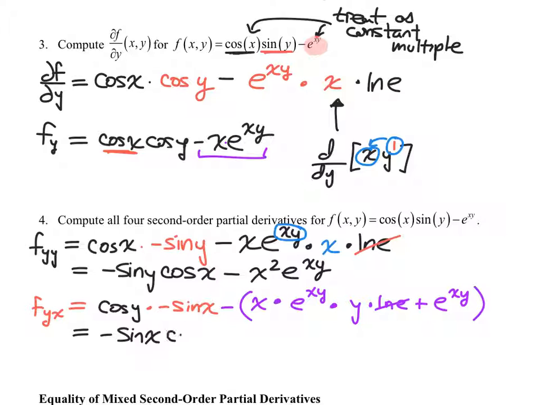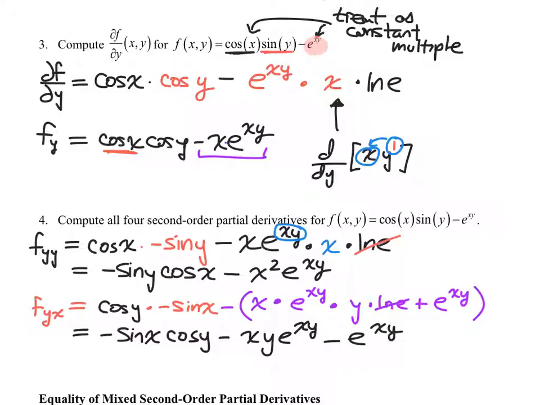Now, we talked about this very briefly last class, but it is a critically important relationship, and that is the idea of mixed second order partials. I can show you again, but I don't think you want me to.